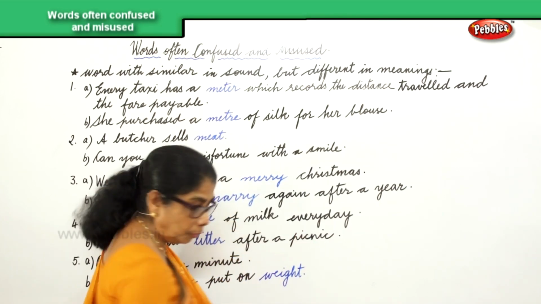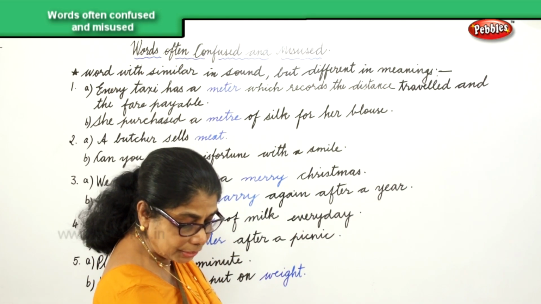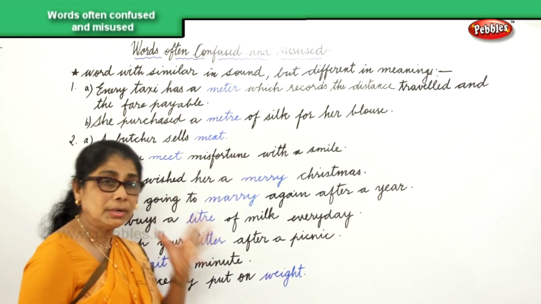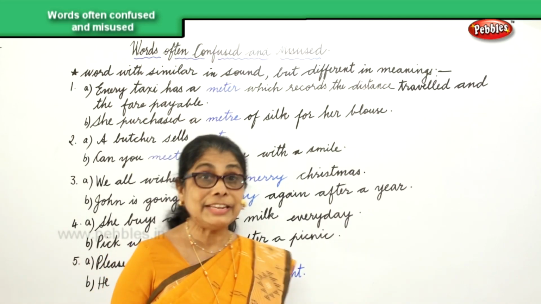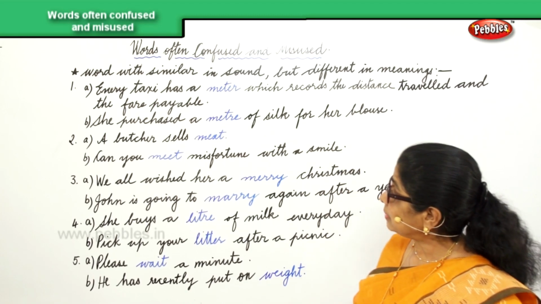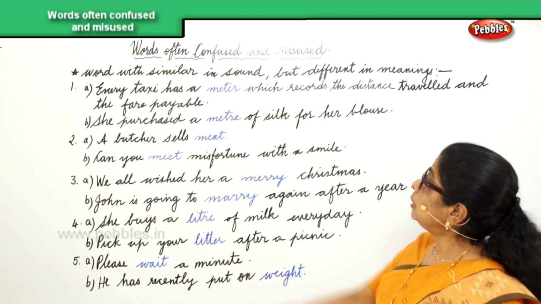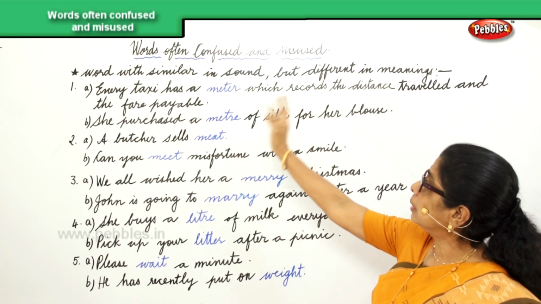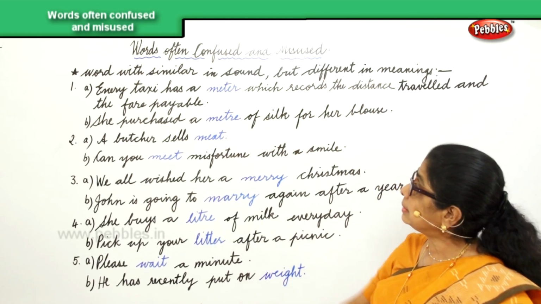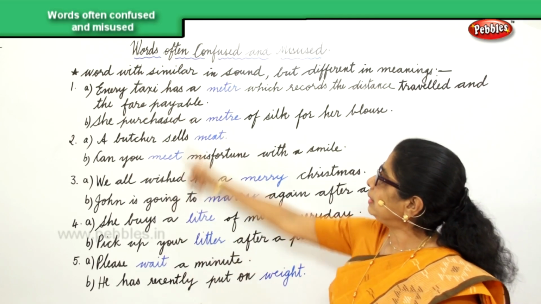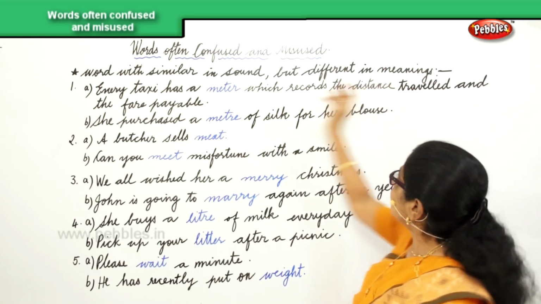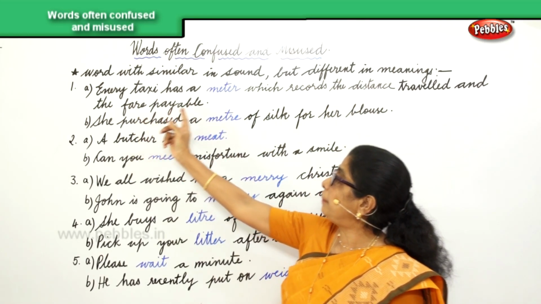We are looking at homophones, their usage in sentences: words with the same sound but different spelling and meaning. I have here five sets of homophones, words often confused and misused. Every taxi has a meter which records the distance traveled and the fare payable.